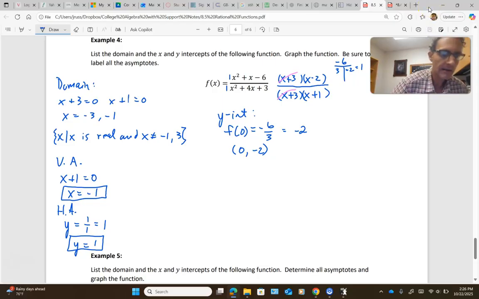All right. Now the last thing I need to find are my zeros, or my x-intercepts. We're going to say x-intercepts because that's what we're asked for. Because remember, a zero is just a value for x. An x-intercept is an actual point.